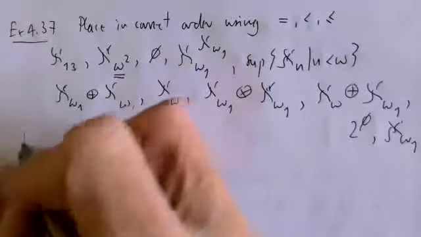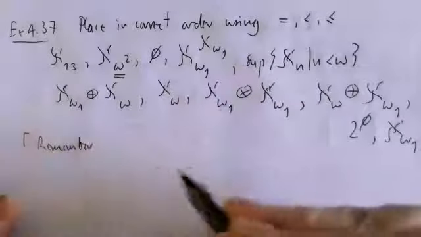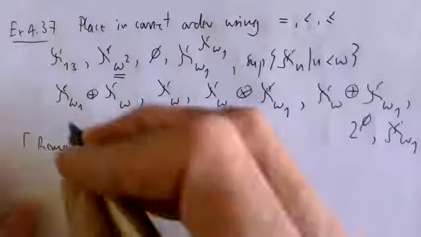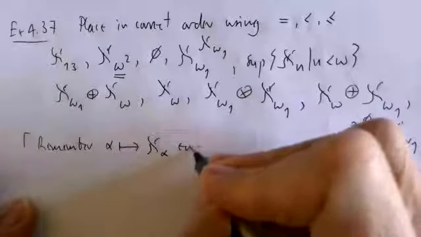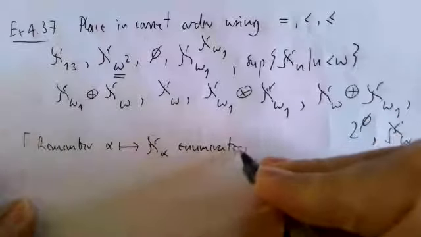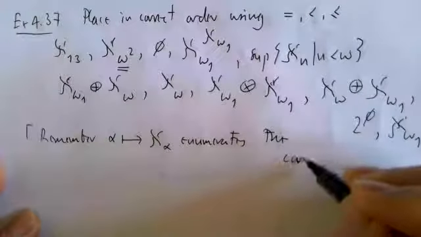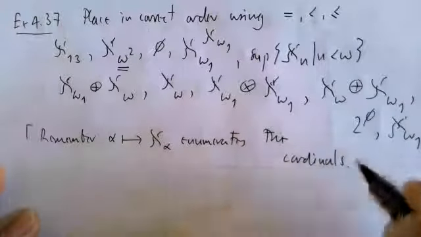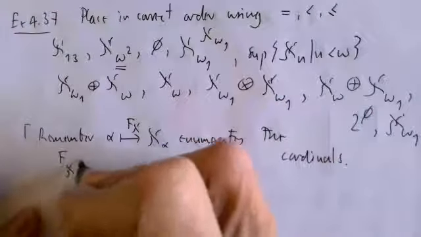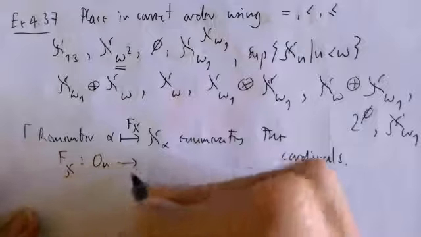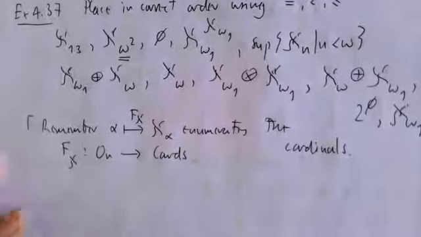So remember, we are enumerating the cardinals by this Aleph function. So this enumerates the cardinals. This Aleph function is taking ordinals into cardinals in ascending order.